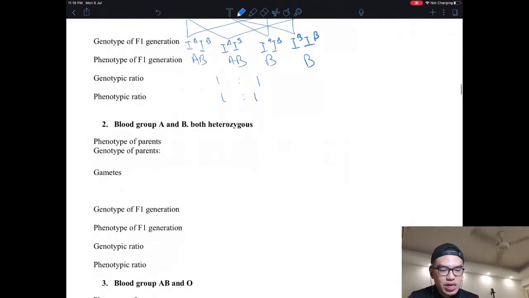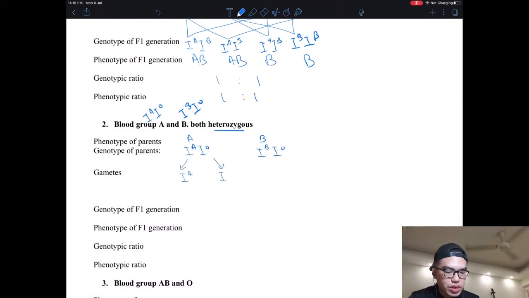So again, second case, they are blood group A and B, and they are both heterozygous. Hetero means different. So the father or the mother is IAIO, and the other one is IBIO, because hetero means two different. So gametes here will be IA and IO, and this one is IB and IO.